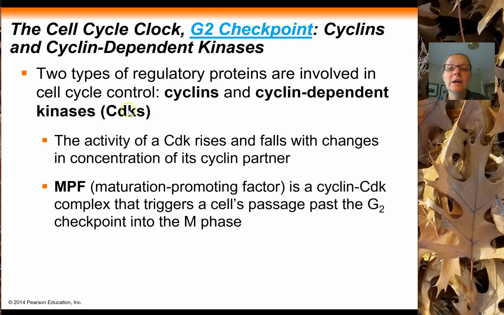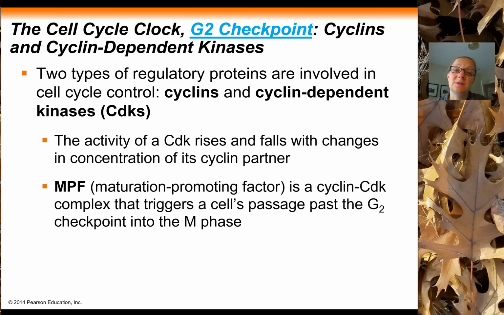All right, and so if this is a kinase, it can phosphorylate other substances. More specifically, it's also a cyclin-dependent kinase, so it will only be active when its cyclin is present. And if the cyclin's concentration goes up and down with the cell cycle, the activity of the CDK, or the cyclin-dependent kinase, will also rise and fall with changes in the concentration of the cyclin partner and changes in the cell cycle.